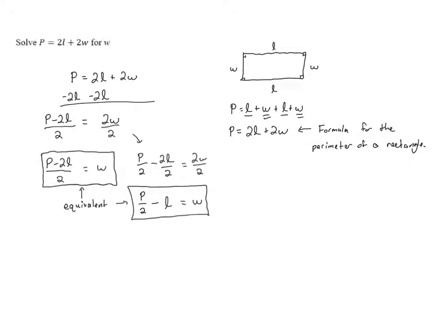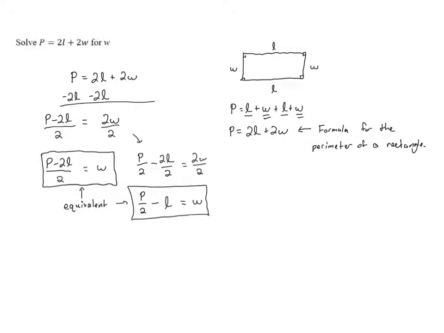And then the other thing I want to say about this is why it's helpful to solve a formula for a variable. The original formula was solved for P. P was the variable that was alone. And this tells us how to find the perimeter if we know the length and the width. But when we rearrange things and solve for W, this tells us how to find the width in terms of the perimeter and the length.